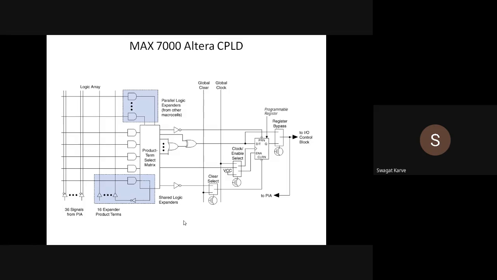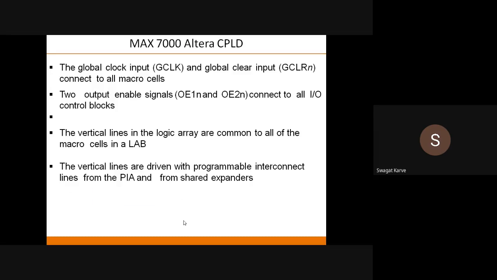So we have to look into this diagram. This is the internal structure of the Max 7000 Altera CPLD. As I told you, it has 4 control pins. It has a global clock input, a global clear input, then output enable signals OE1N and OE2N to the output control block.